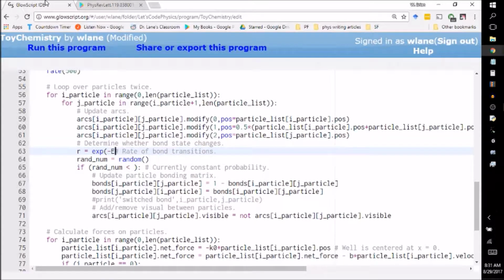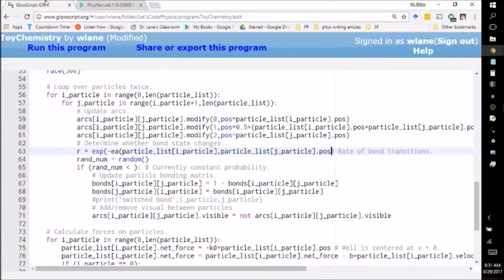This is going to be, let's call it EA, of particle list of i_particle, comma, particle list of j_particle.